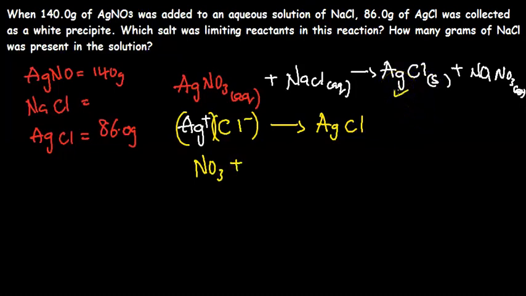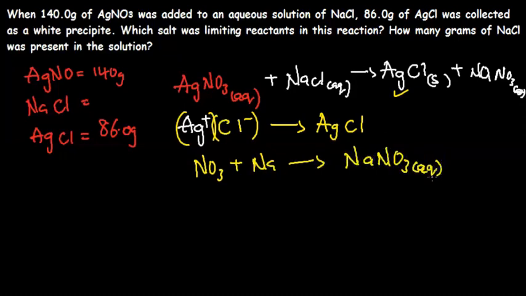Here we have silver nitrate, and here we have sodium chloride. The silver will react with chloride, leaving the nitrate behind. The nitrate is simply going to react with sodium, and this is going to give rise to sodium nitrate, also in aqueous solution.